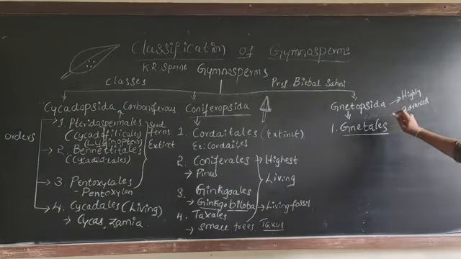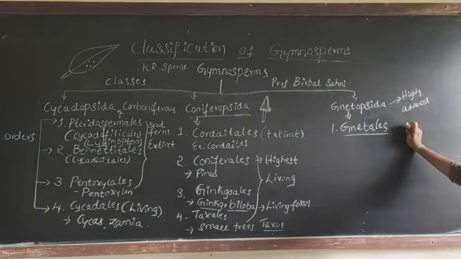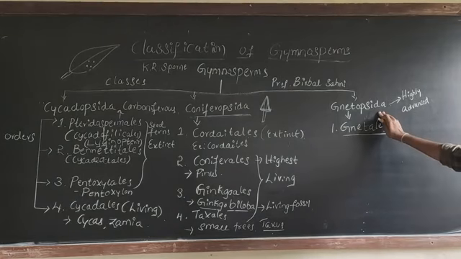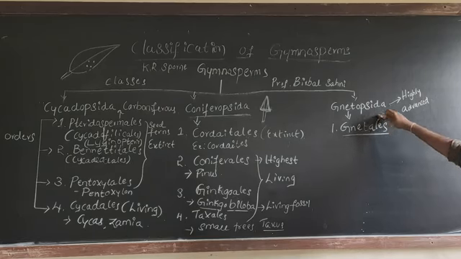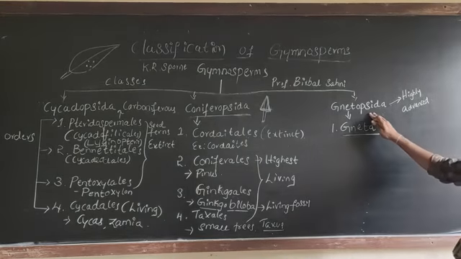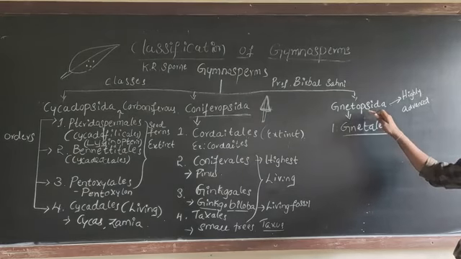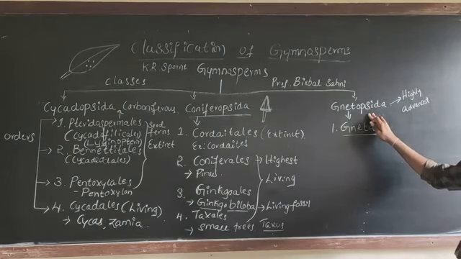Another important thing is that the plants which belong to this class Gnetopsida show most of the advanced characters which are present in angiosperms. For example, if you look at the arrangement of leaves, they show opposite phyllotaxy.